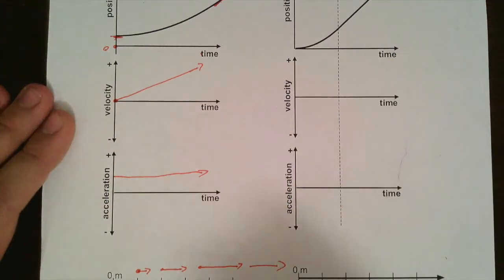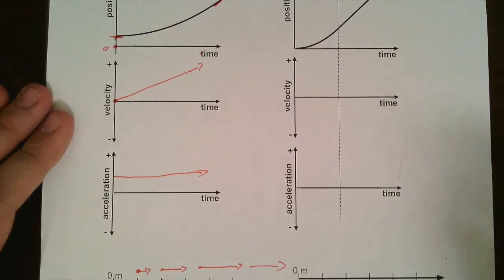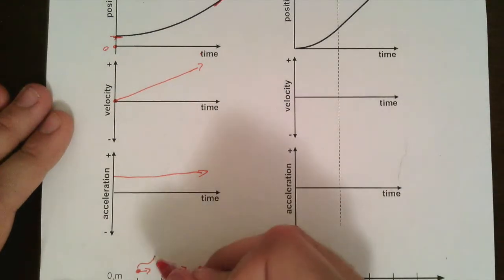Remember, these tick marks represent meters. So this is 0 meters, 1 meter, 2 meters, 3 meters. The distance right here is 1 second.